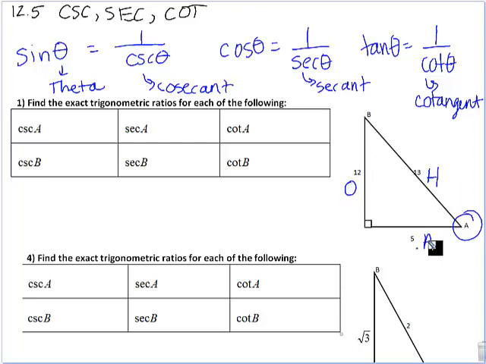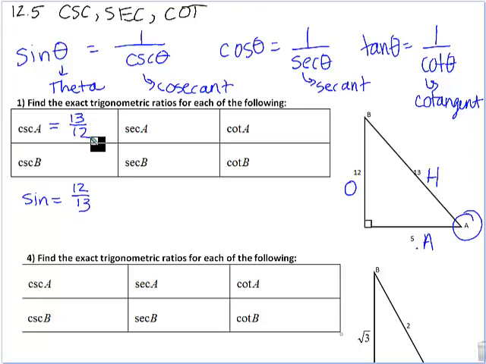Okay, so what would sine of this angle be? 12 over 13. Yep, so sine would be 12 over 13. So what would cosecant of A be? 13 over 12. So you just have to figure out what the sine value is and then take the reciprocal of it.